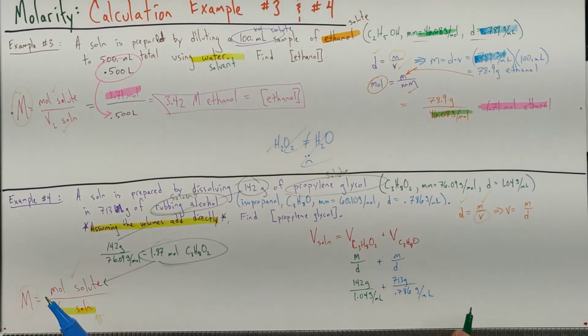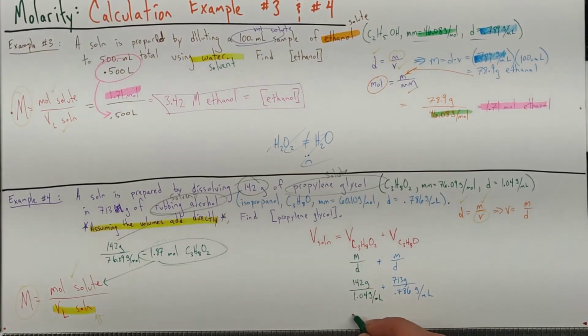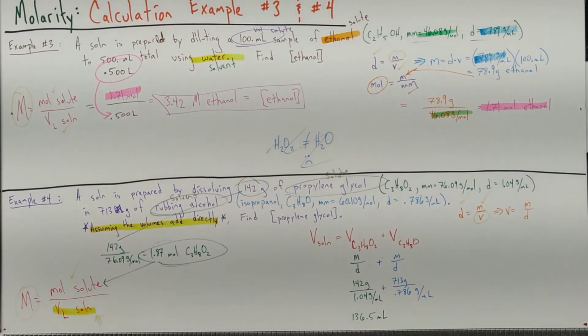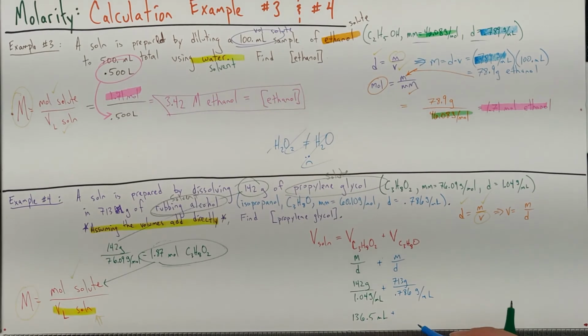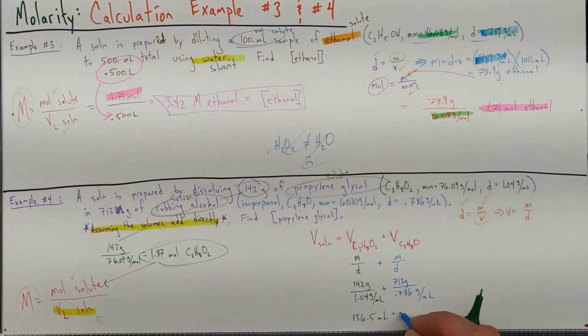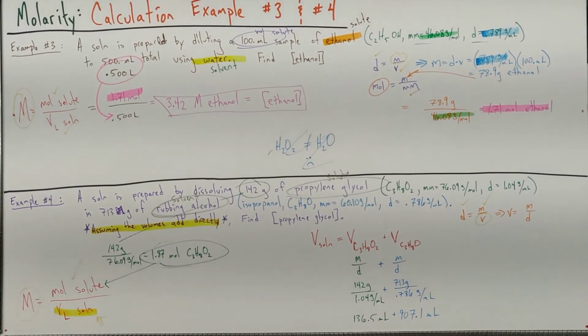Looking at these numbers real quickly, the 142 over 1.04 ends up around 136.5 milliliters. For the rubbing alcohol, we end up with around 907.1 milliliters.